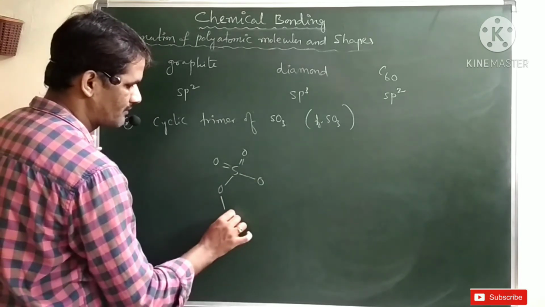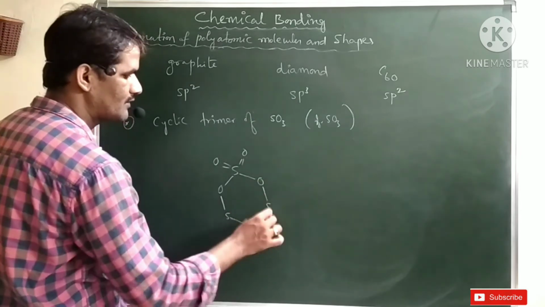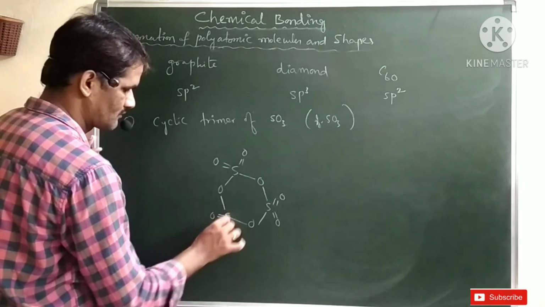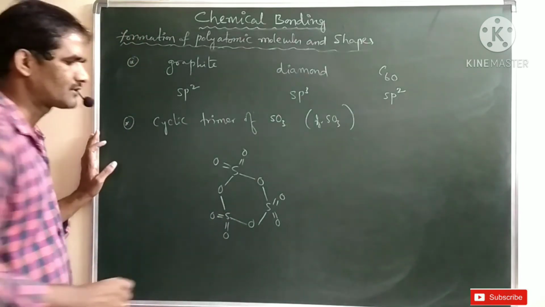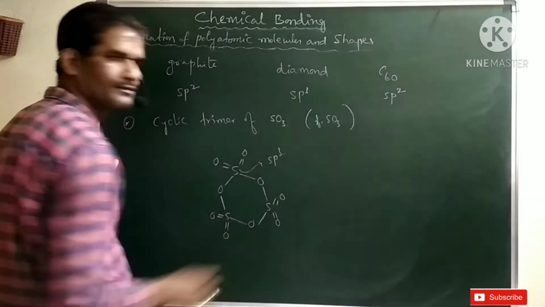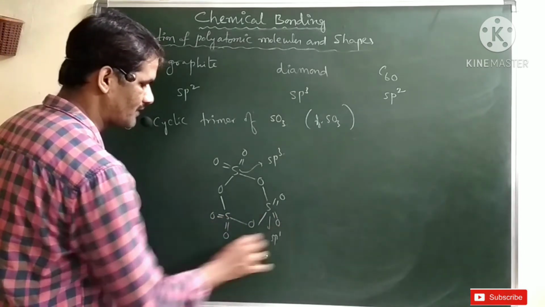It is a 6-member ring, again having alternating sulfur and oxygen. So in case of cyclic trimer of SO3, each sulfur undergoes sp3 hybridization.